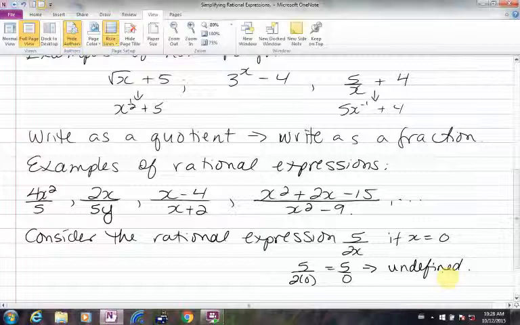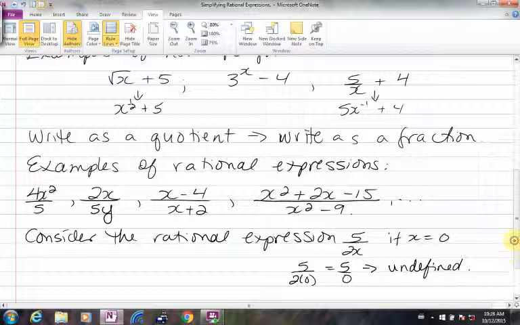This is similar. Anytime we're dealing with a rational expression, one of the first things we have to do is look at the denominator and restrict the variable from being the values that would make the denominator 0.